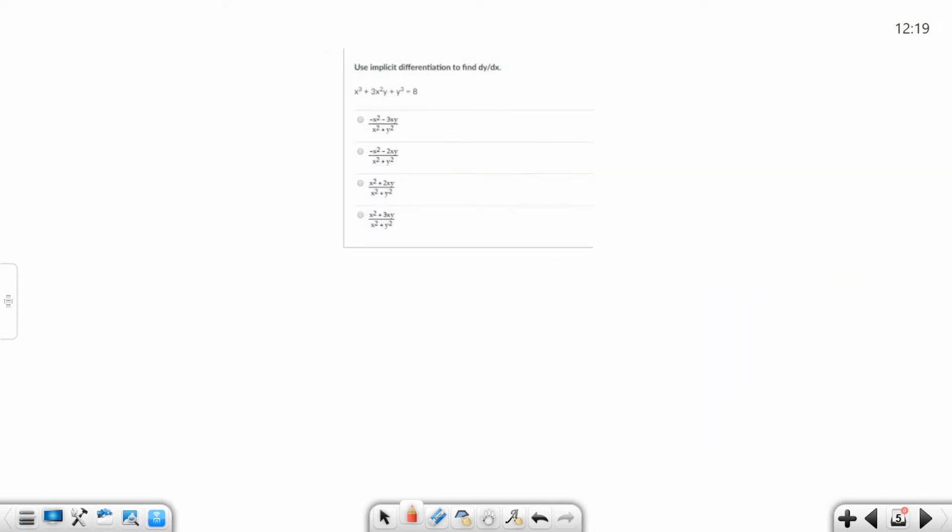The next application problem that we see is implicit differentiation. I'm asking you to find dy dx. Remember that every time you take the derivative of y, you put in a dy dx.